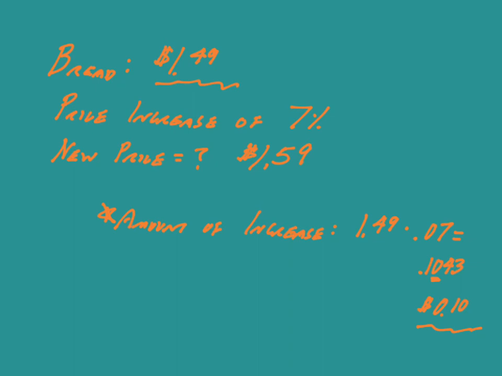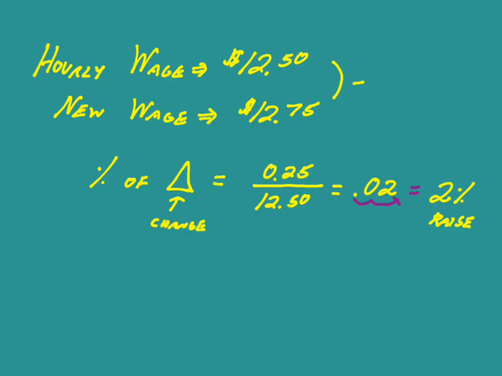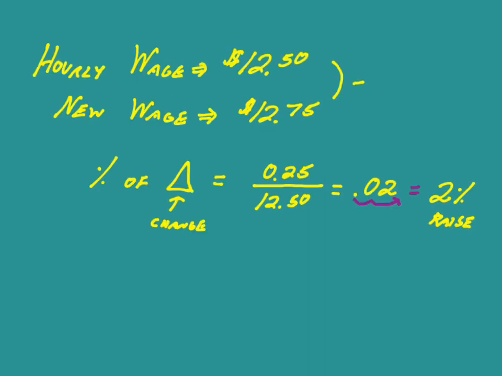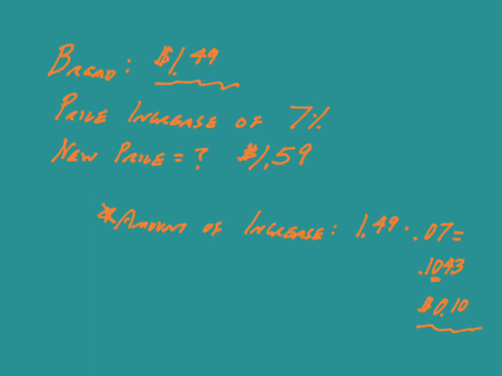That's a lot of money when you think about increasing prices even just a little bit. So that's how percent of change works. So we can go through using this formula, the amount of change divided by the original, and we can figure out the percent that it's changed, but also we can figure out new amounts as well.